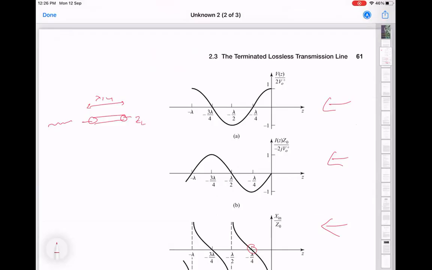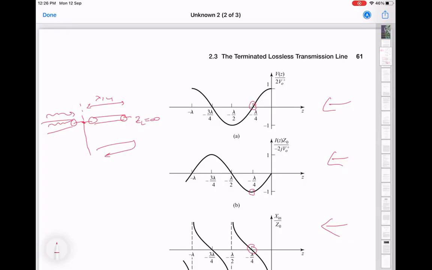So here the load is infinite. Remember that there is some other transmission line here, and this is the boundary. The waves are coming from here, it reflects, and comes back. And we are looking at this point, which is lambda by 4 from this end.